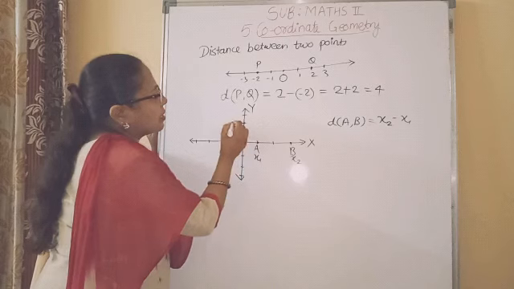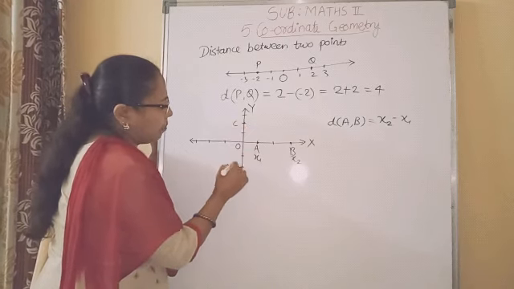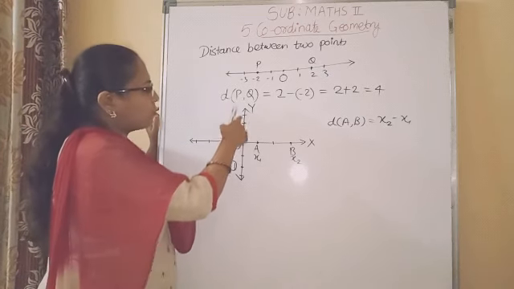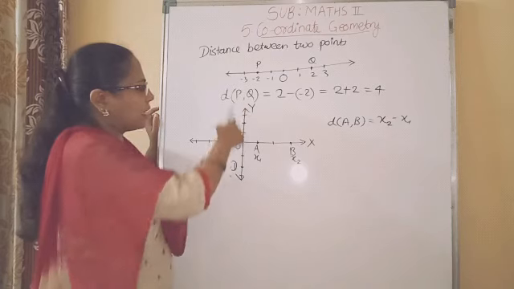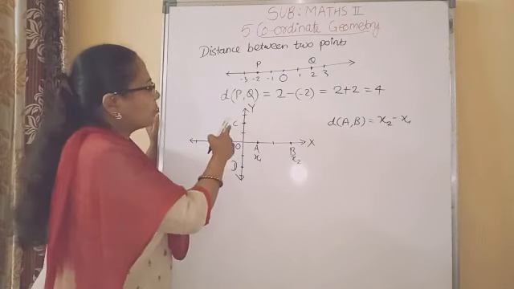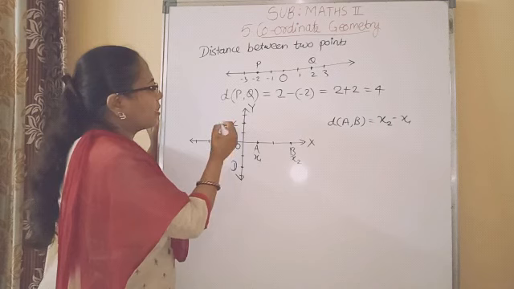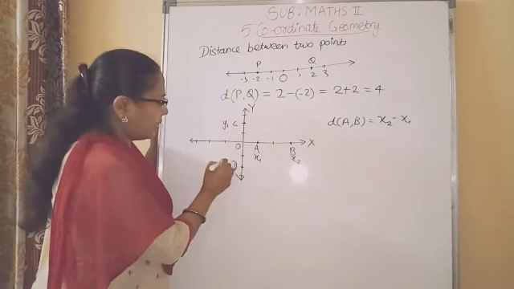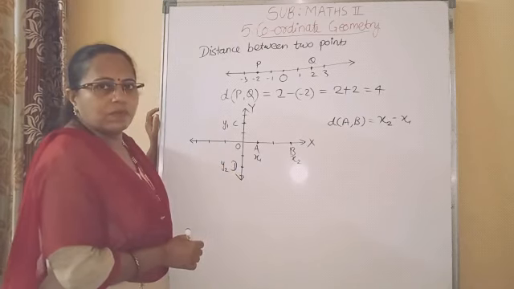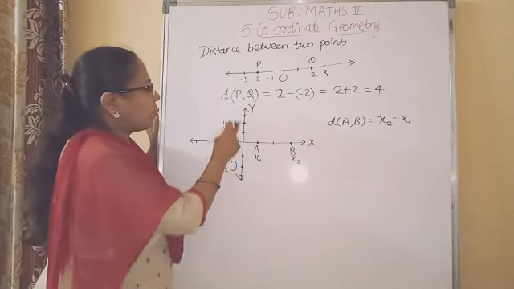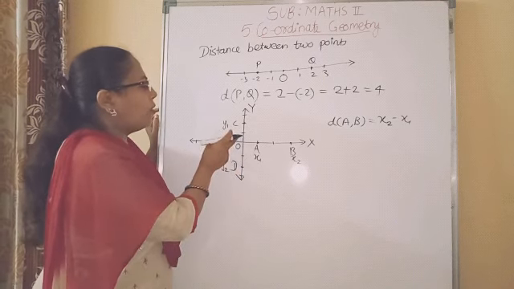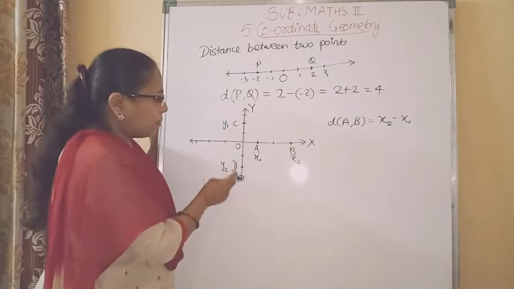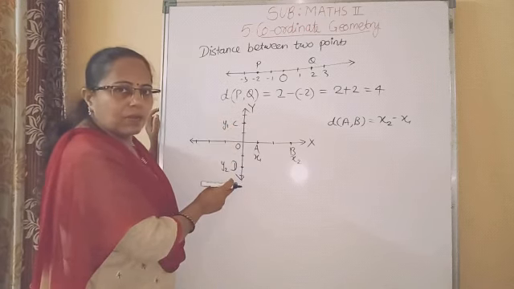Now suppose the points are lying on the y-axis. Suppose here the point is C and here is the point D. Now we have to consider the y coordinate because they are lying on the y-axis. Let the y coordinate of point C be y1 and the y coordinate of point D be y2. On the y-axis, above the x-axis we have positive numbers and below the x-axis we have negative numbers.